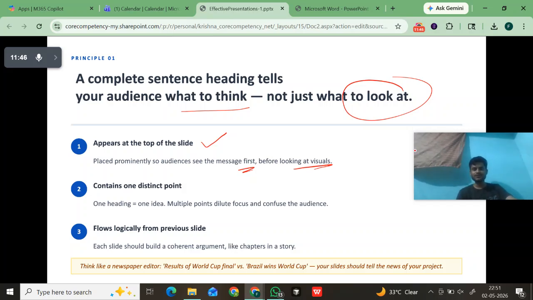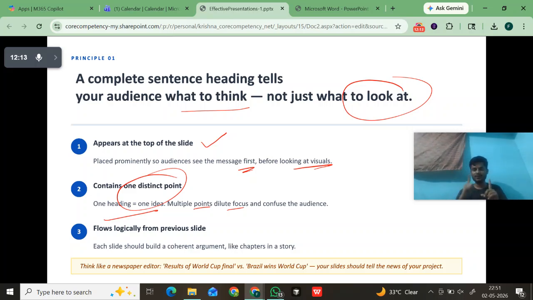Then, it contains one distinct point. One heading must be one idea. Multiple points dilute focus. Let's say you are explaining how to communicate effectively, and in the same slide you also talk about the types of communication. Within one slide you are giving two messages, that is completely wrong.